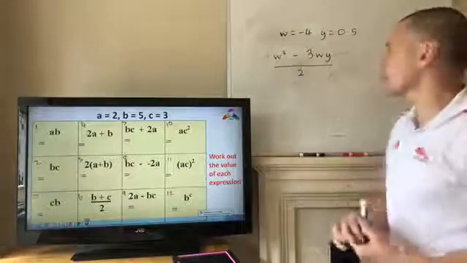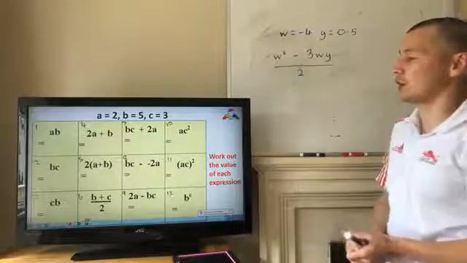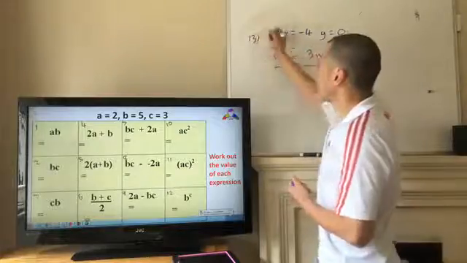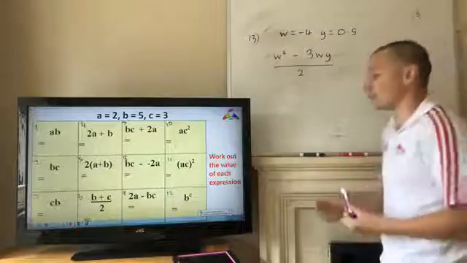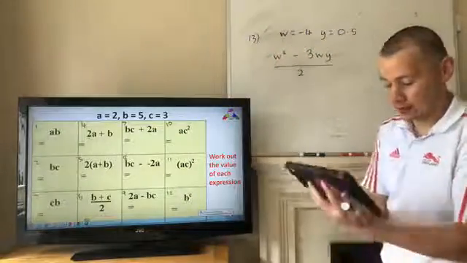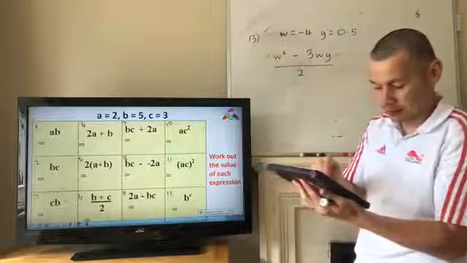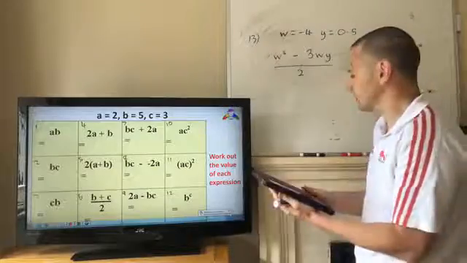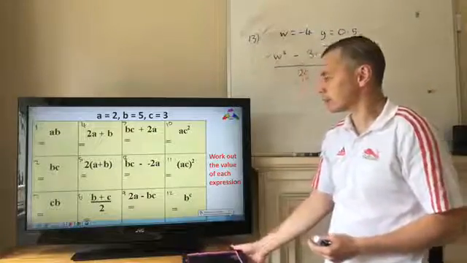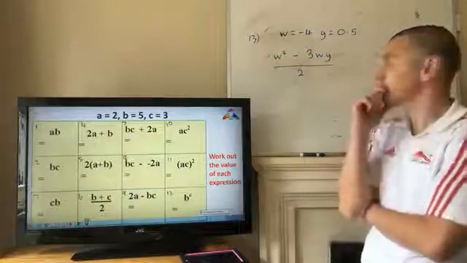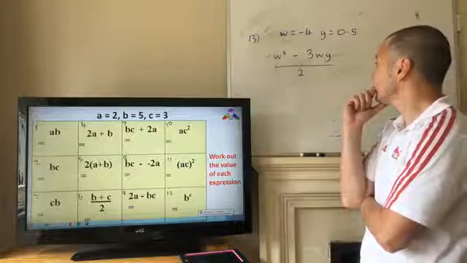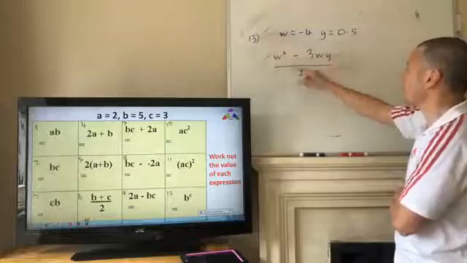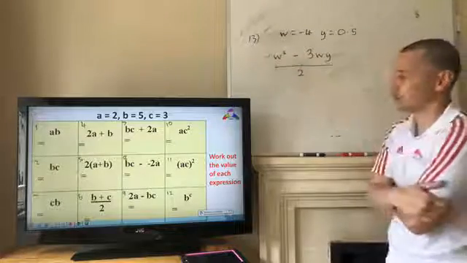Okay, so there is an exceptionally difficult question on the board there for you to have a go. We'll call that question 13. Very challenging. Good luck with that one. So w squared minus 3wy all over 2.